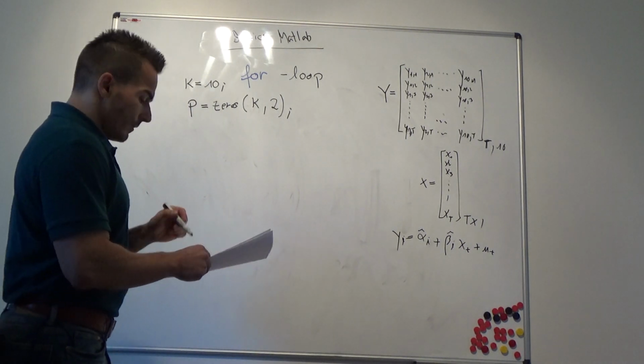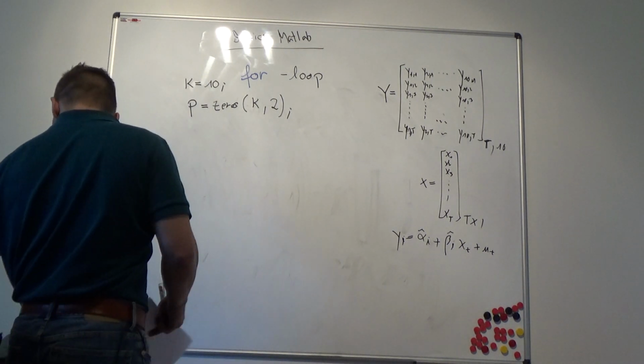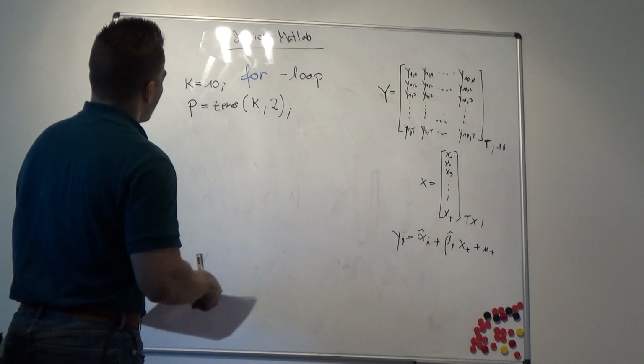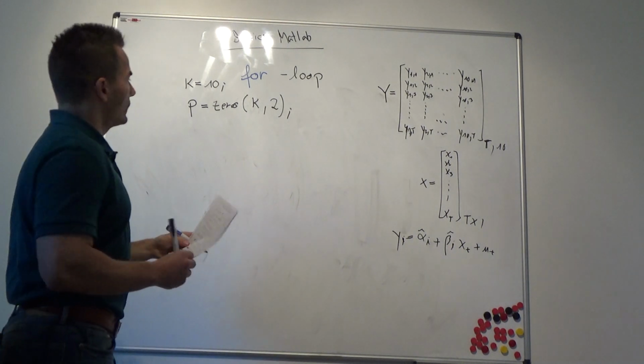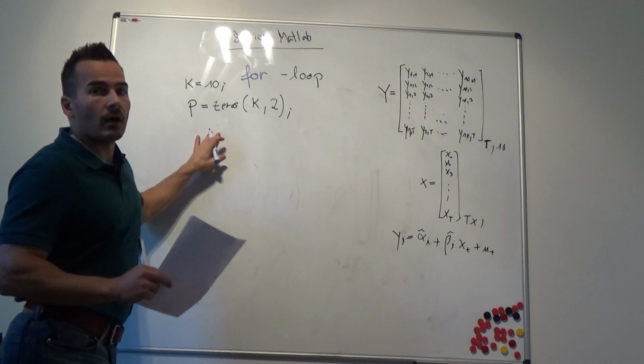So now we define a for loop. First we have to obviously create the matrix where we store our results.